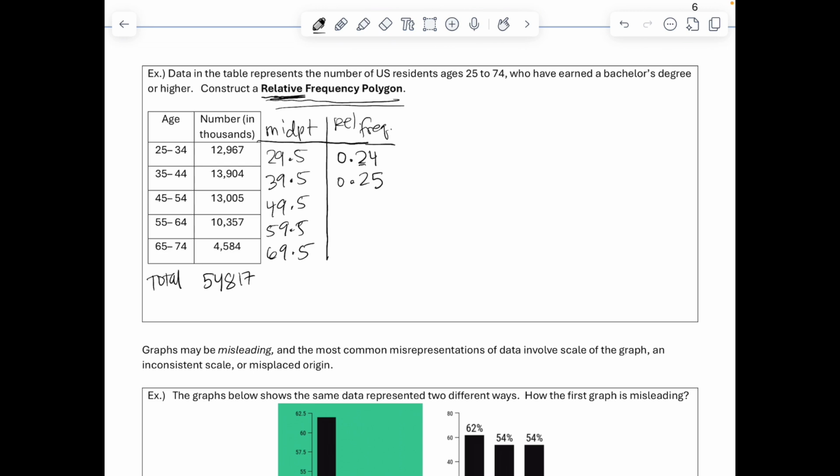Continuing this on, I get 0.24, 0.19, and 0.08. So we're going to go ahead and put our 2 axes on in order to do my polygon. And this time, instead of frequencies, it's asking for a relative frequency.